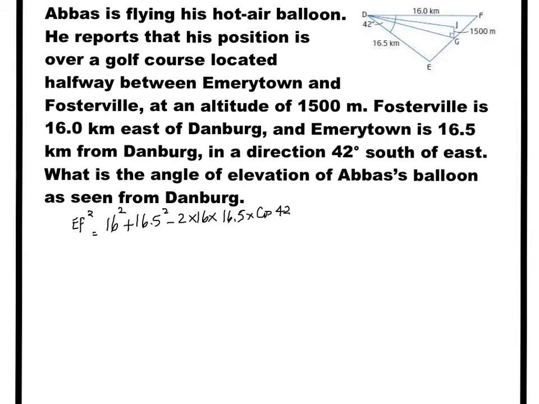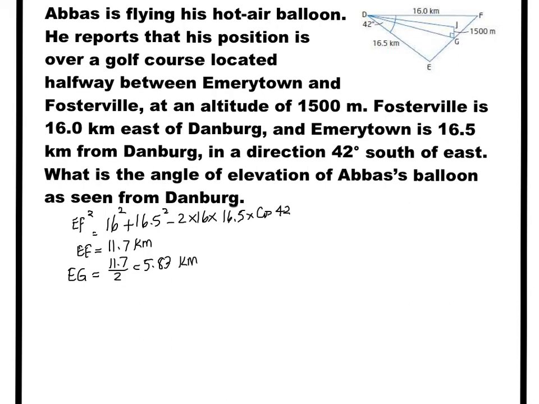If we simplify this one and take the square root, we get EF is 11.7 kilometers. But since we know EG and GF are equal and they are both half the length of EF, we can find that EG is equal to 11.7 kilometers divided by 2, which is 5.83 kilometers.